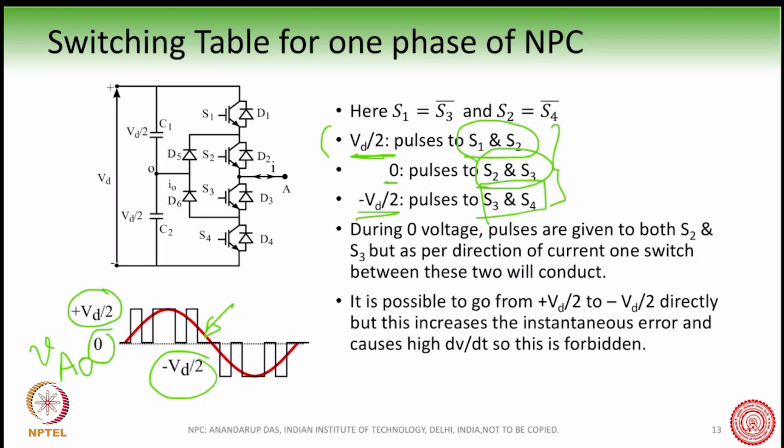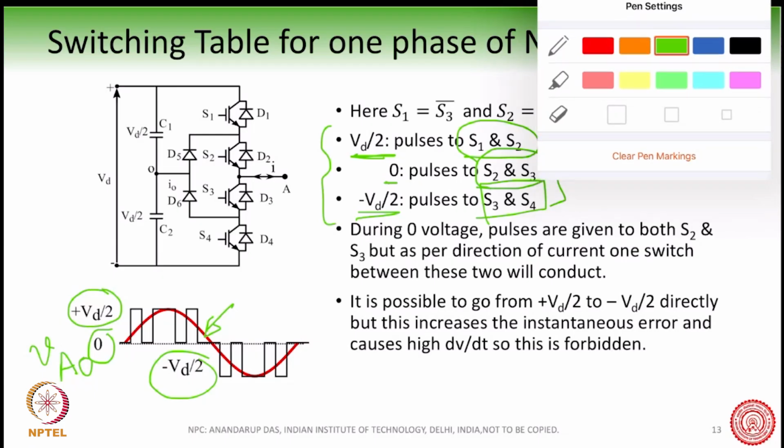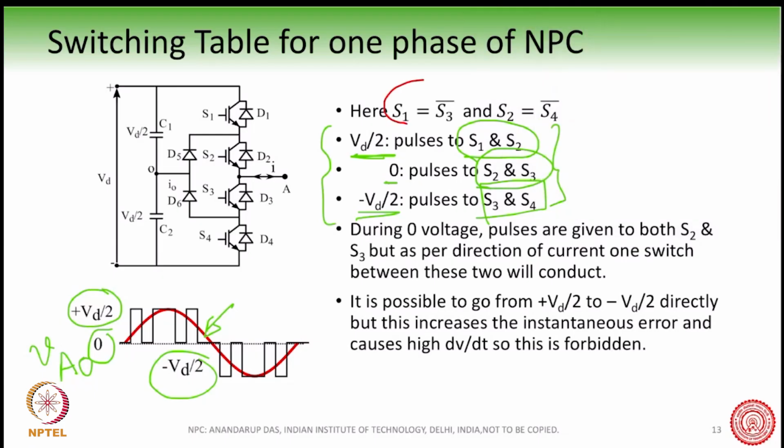Now, if you look into this one and think a little bit, you will find that this logic comes out. Okay, S1 must be equal to S3 prime. So which means S1 and S3 prime, this one, and these two, S2 and S4, they will become complementary to each other.